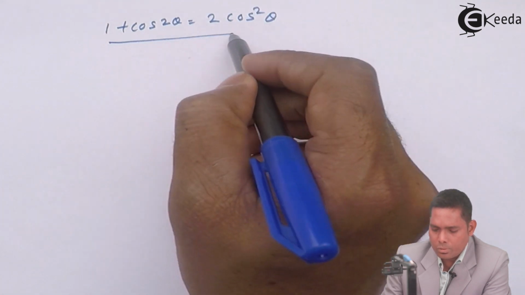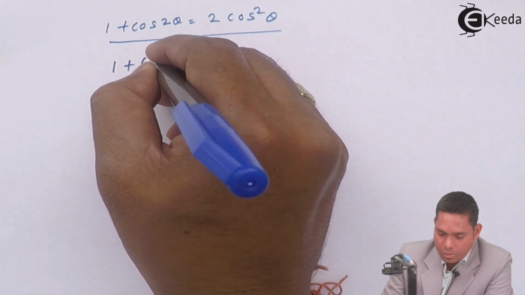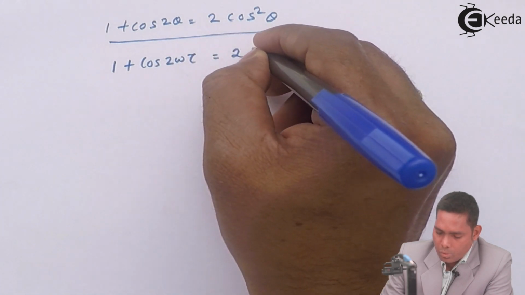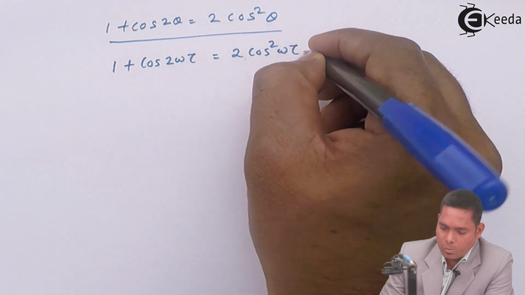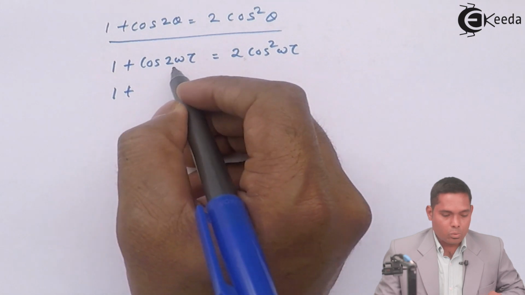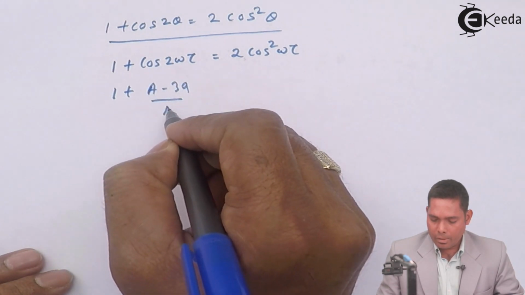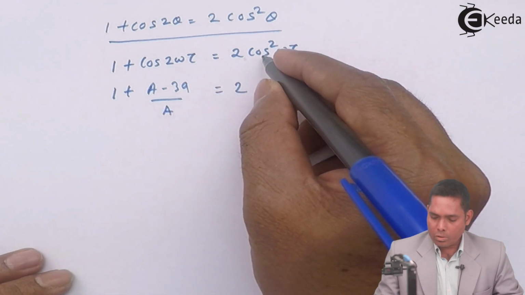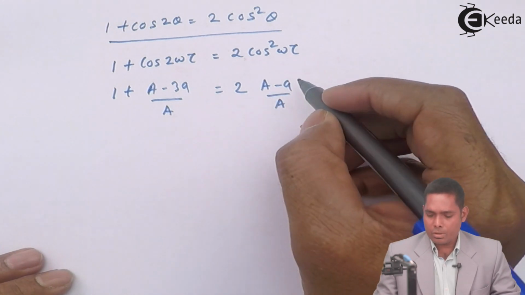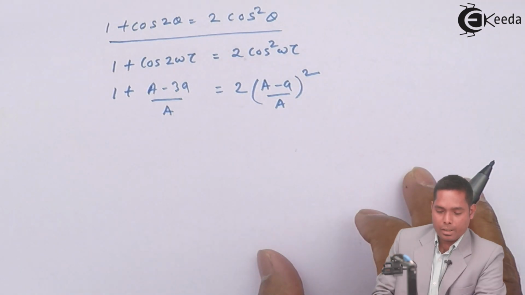This relation you have to use. So in this case we have 1 plus cos 2 omega tau equal to 2 cos square omega tau. I will substitute the value of cos 2 omega tau, which was a minus 3a divided by a. Similarly, cos omega tau is a minus a by a, that we got from the previous equation. So squaring it, you have to solve it to get the relation between a and a.